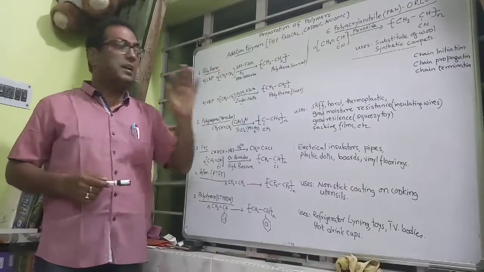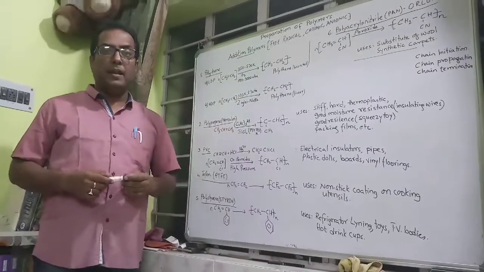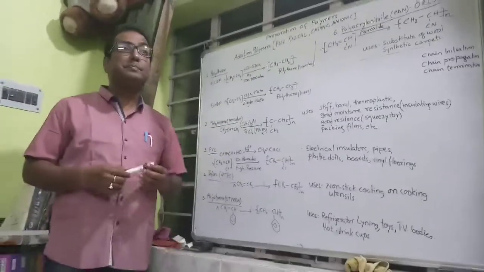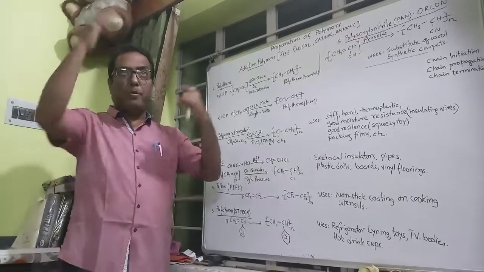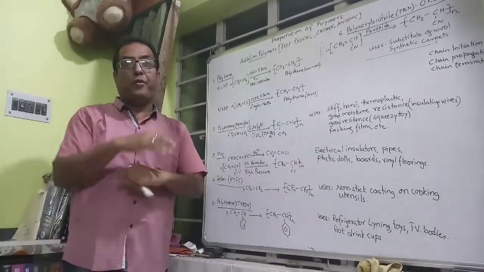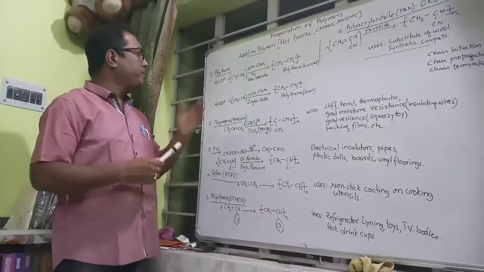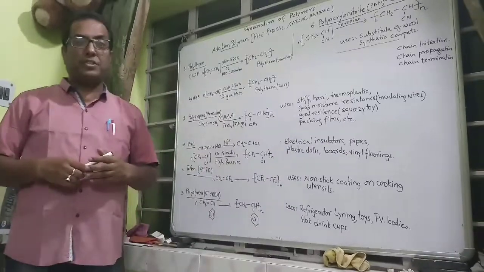But this is branched polythene. Due to the multiple branches on both sides, they cannot be folded, and if they cannot be folded, they would have a low density in this case.